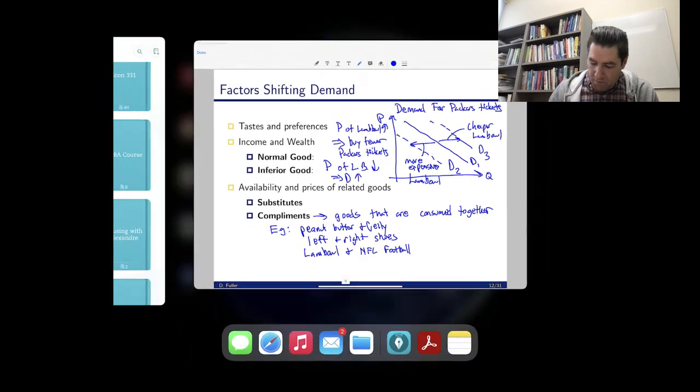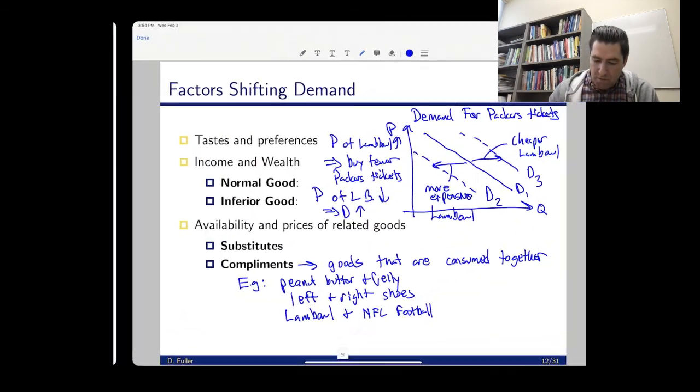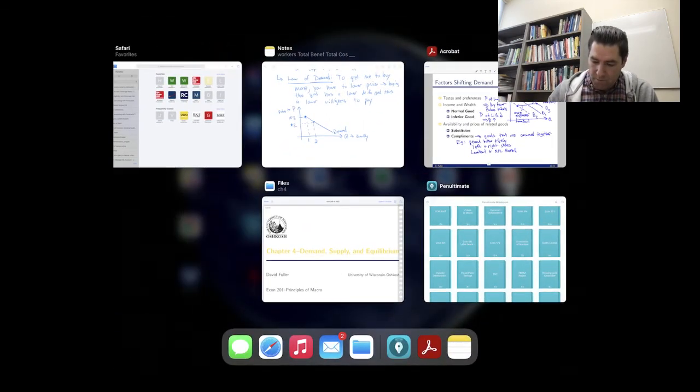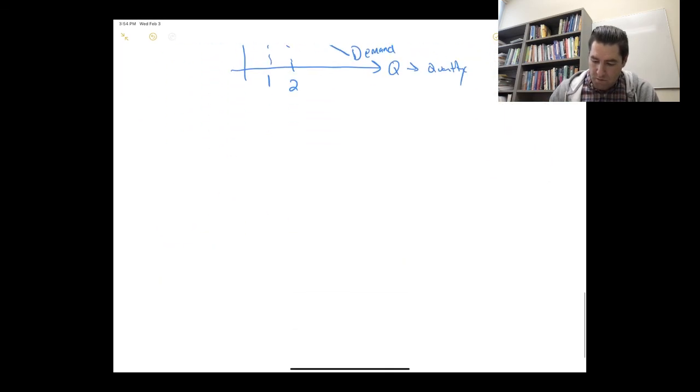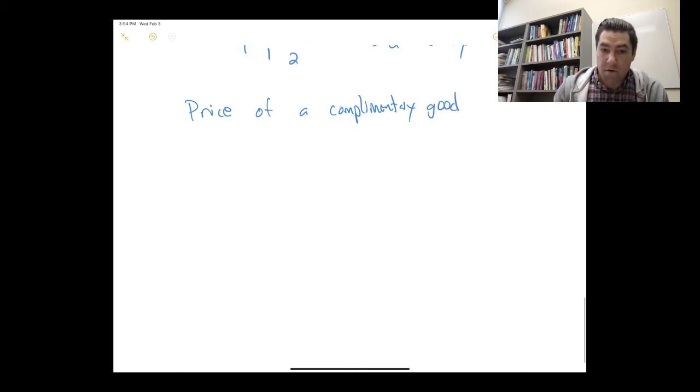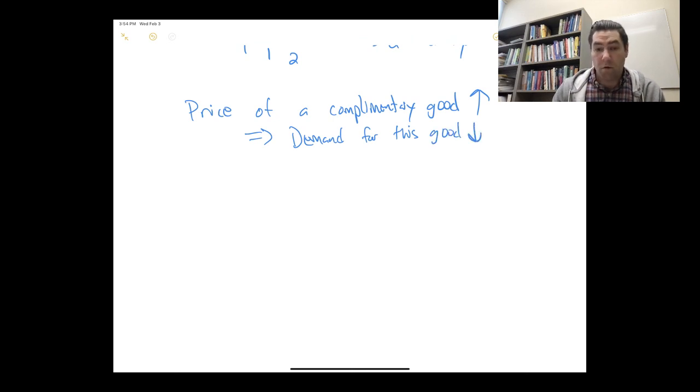I kind of ran out of room here. I'm going to just bring up something a little bit different. So when the price of a complement, call it a complementary good, goes up, demand for this good, whatever that is, is going to go down, and vice versa.